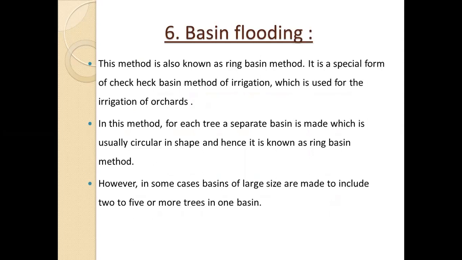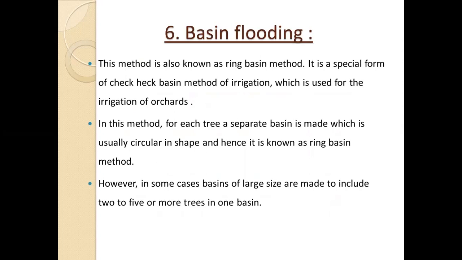The sixth one is basin flooding. This method is also known as the ring basin method. It is a special form of the check basin method of irrigation which is used for irrigation of orchards. In this method, for each tree a separate basin is made, which is usually circular in shape, and because of the circular shape, it is also known as the ring basin method.